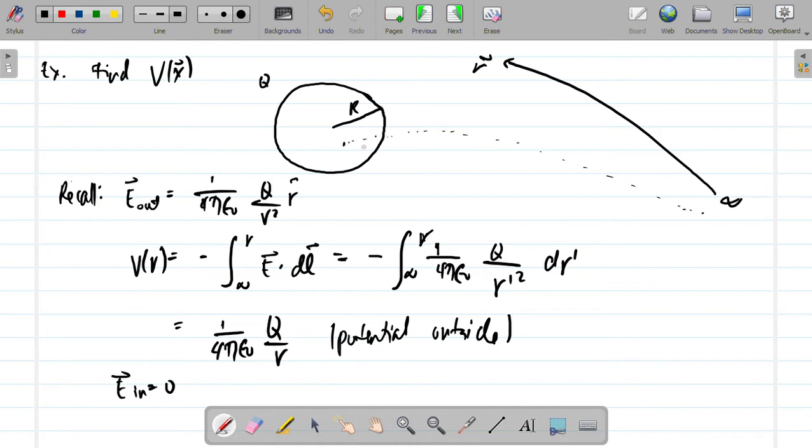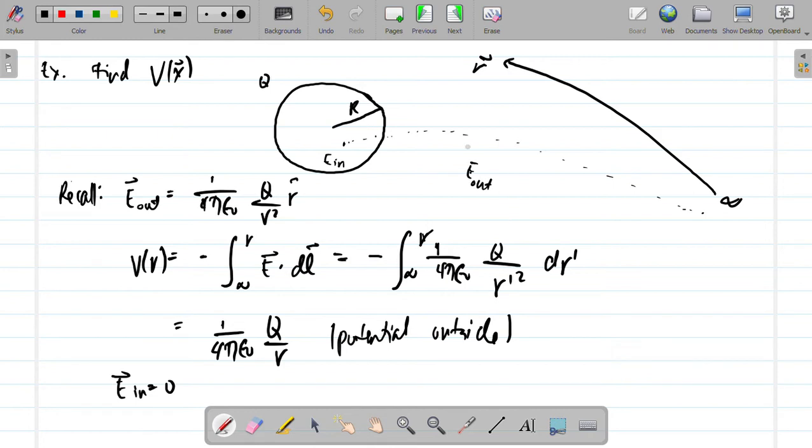Okay? So, yung potential natin, merong dalawang contributions. Isa dito, tas isa dito. Bakit class hinati natin? Kasi magkaiba yung value ng electric field outside kesa sa inside.